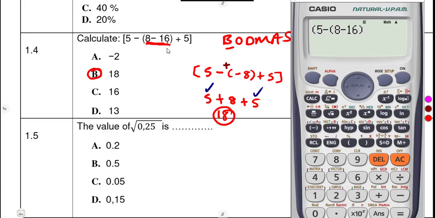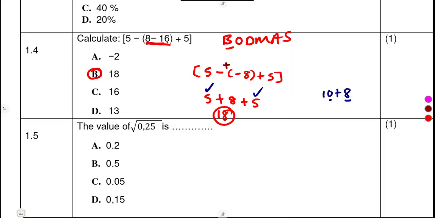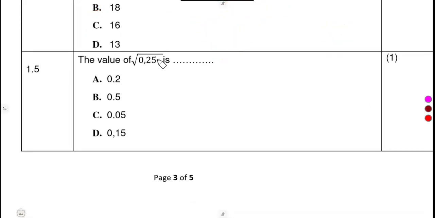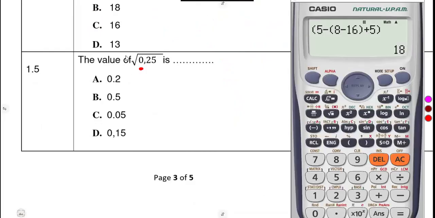Close the bracket, plus a 5, like this. You close that bracket at the end. So this was going to give us 18. As we can see, you can simply use your calculator to verify that one. Even this one, you can use your calculator, guys. This is section A. We've got multiple choice, just 1 mark there.